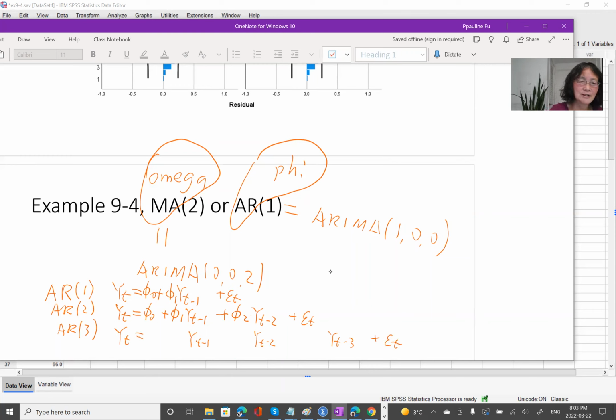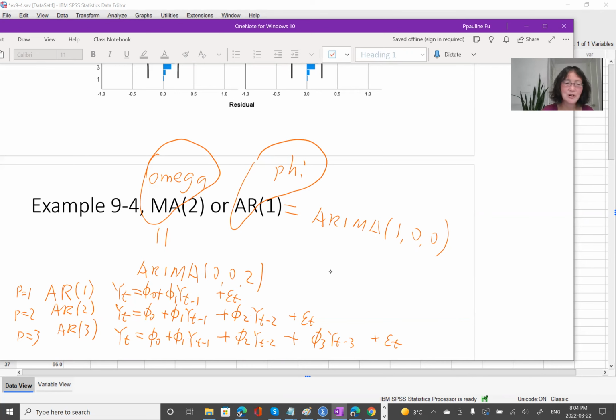How to relate: a constant phi 0 plus phi 1 times YT minus 1, phi 2, phi 3. And in AR1, P is 1, AR2, P is 2, AR3, P equal to 3. Okay, so that is the AR.